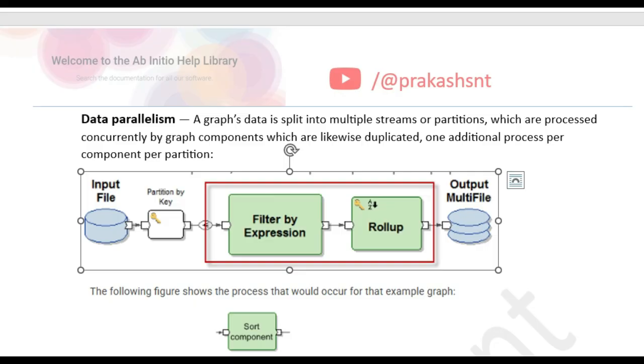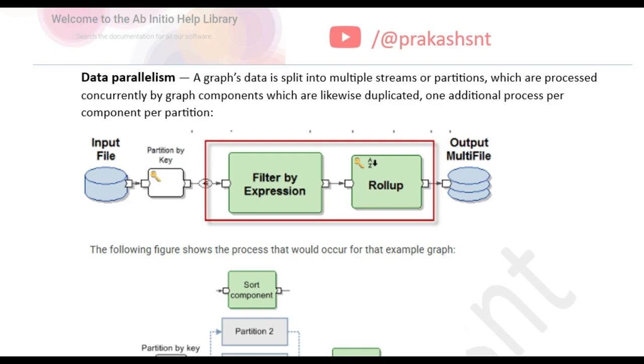Let's suppose 500 records go to one flow, 200 go to another flow, and the remaining 300 go to another flow. With a 3-way partition, the data is partitioned and works in parallel. So we call this data parallelism.